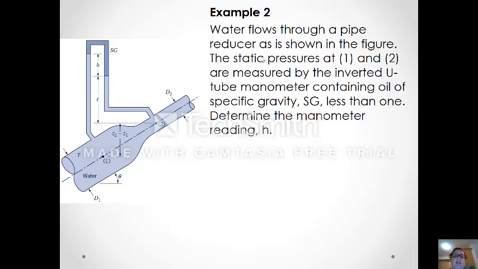Now let's take a look at a second example. This example here is called a Venturi meter. You have this slanted pipe, water is flowing up and down this pipe, and I've attached a manometer to my pipe.